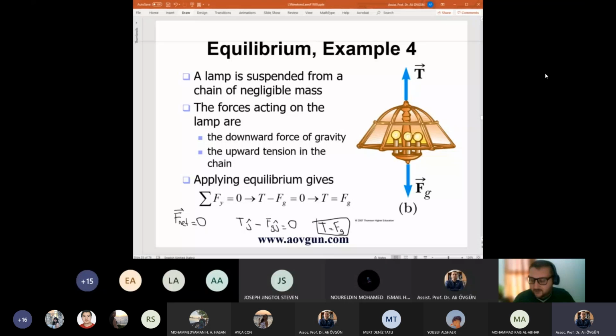Fg is the gravitational force, and how can you calculate it? You can calculate Fg by mg j hat, but this is downward, so minus mg j hat. This minus shows the direction, but here it is magnitude, so don't confuse. So T as a magnitude is equal to Fg, so T is equal to mg.